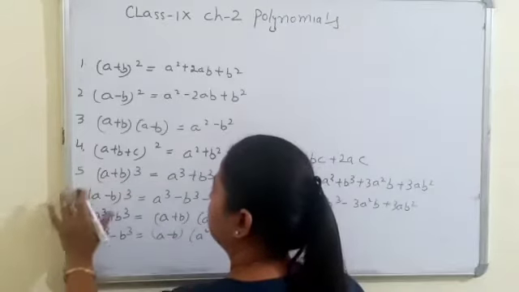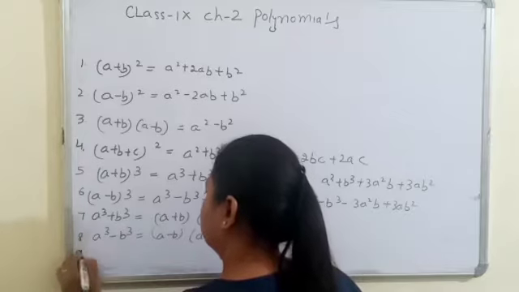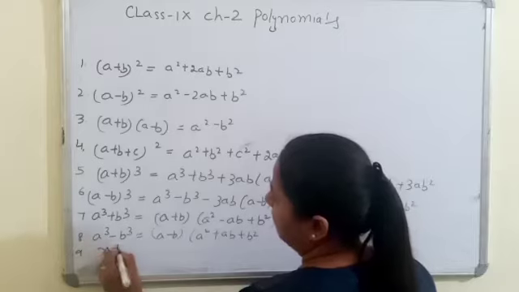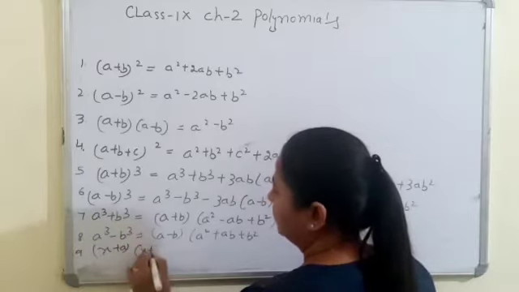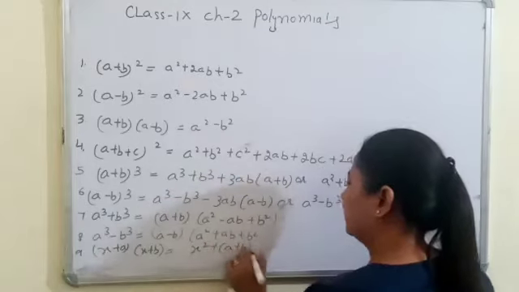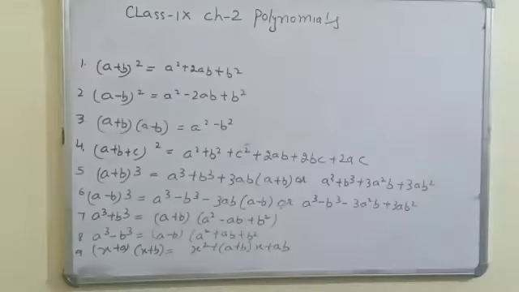This is fifth, sixth, seventh, eighth. Ninth is (x plus a)(x plus b) is equal to x square plus (a plus b)x plus ab. Next, the last one, is 10.